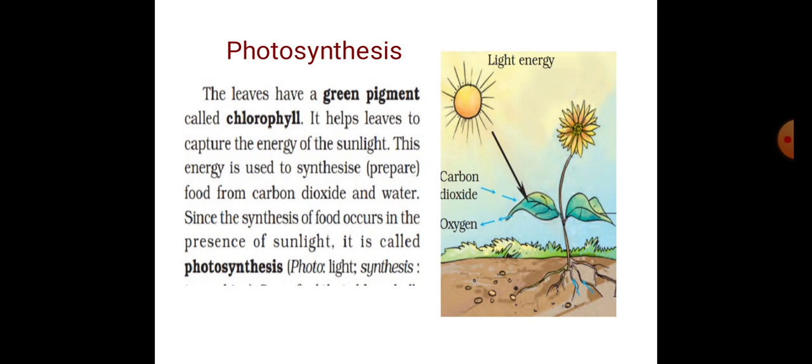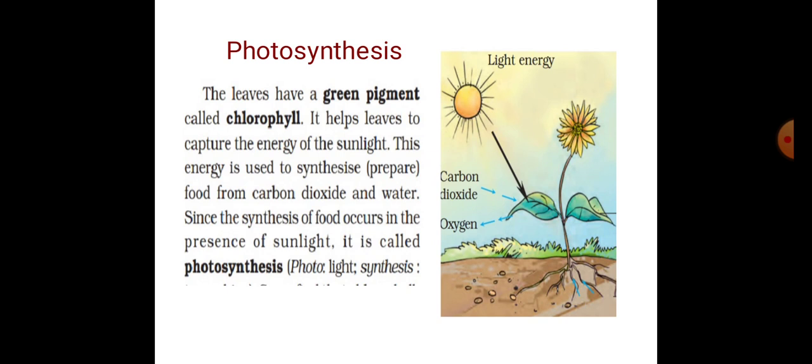There are some raw materials which are essential for the process of photosynthesis. These raw materials should reach the leaf: water along with minerals, and carbon dioxide.